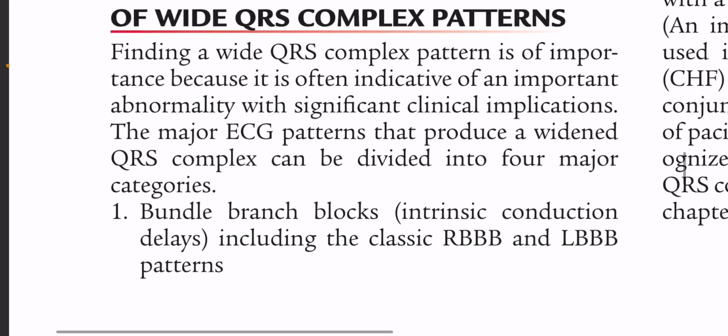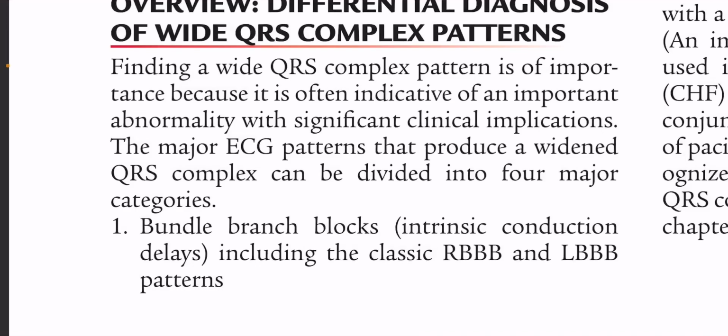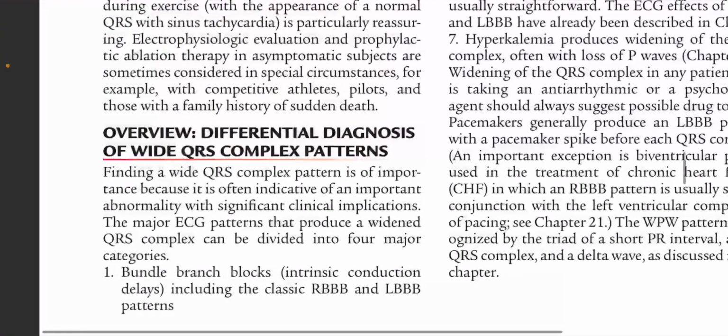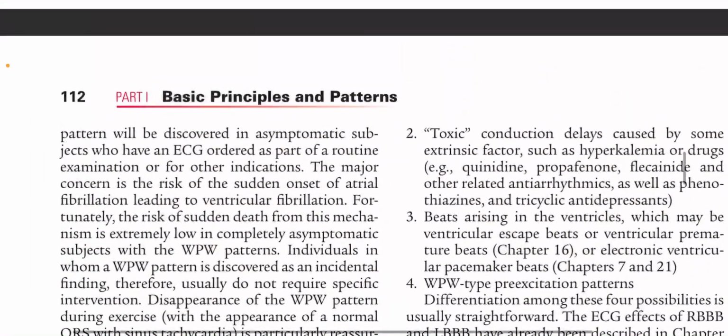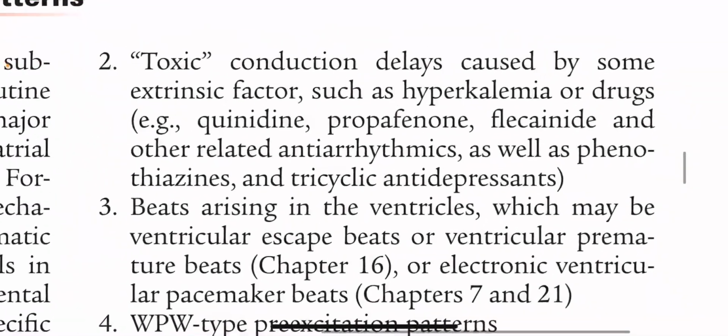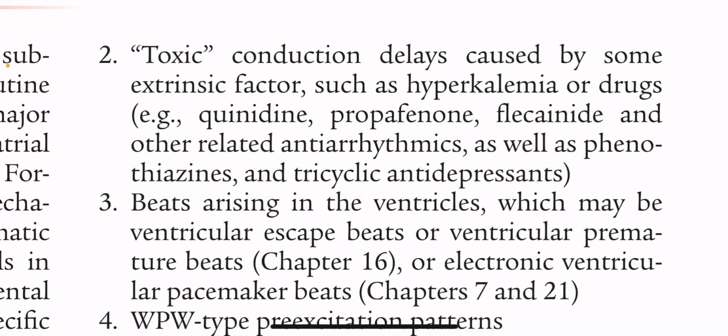Bundle branch blocks, that is intrinsic conduction delays, including the classic RBBB and LBBB patterns. Toxic conduction delays caused by extrinsic factors such as hyperkalemia or drugs, that is quinidine, propafenone, flecainide, and other related antiarrhythmics, as well as phenothiazines and tricyclic antidepressants.